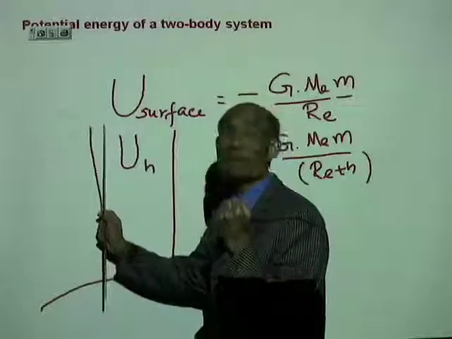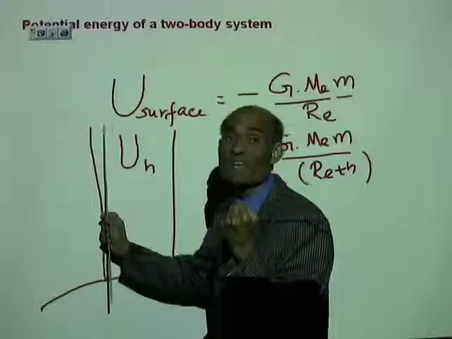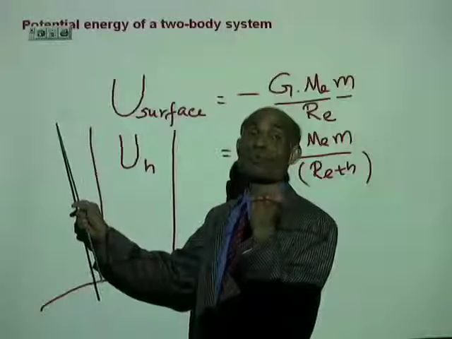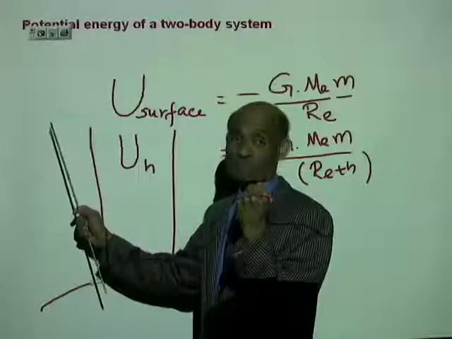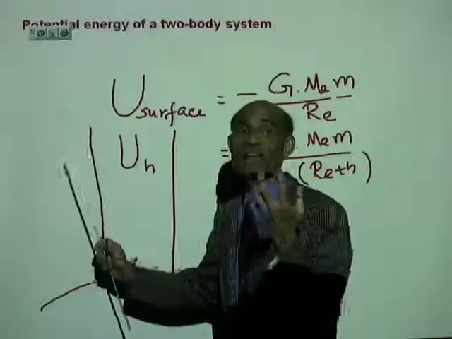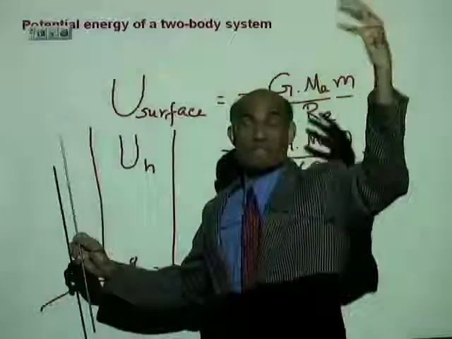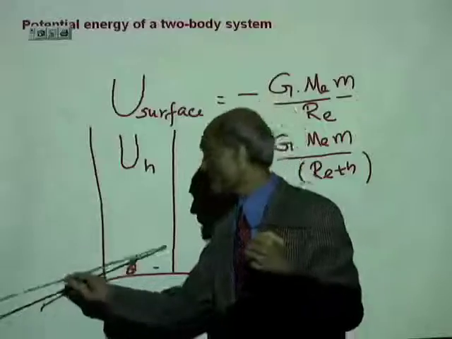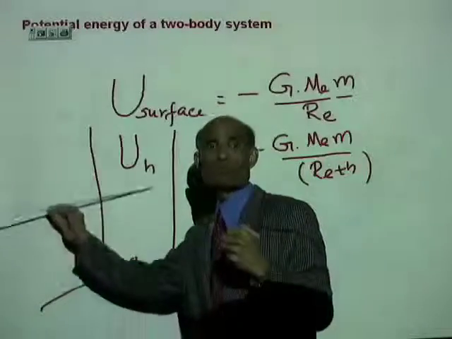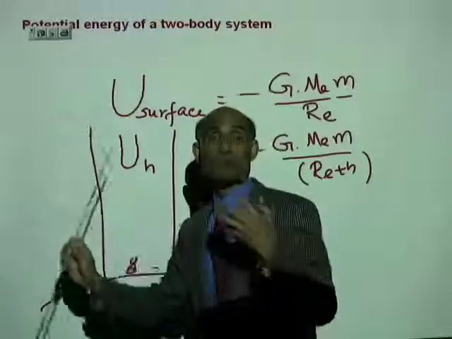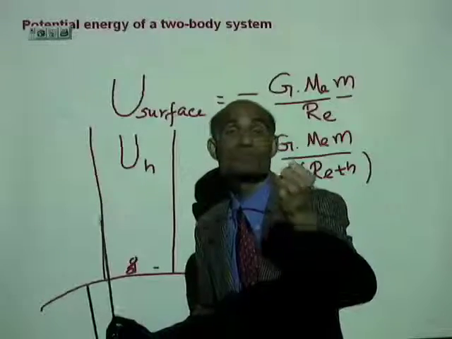What will be my potential energy when I escape the potential well? Well, my potential energy will be zero. That is the maximum potential energy. When I jump out of the potential well, my potential energy will be zero.